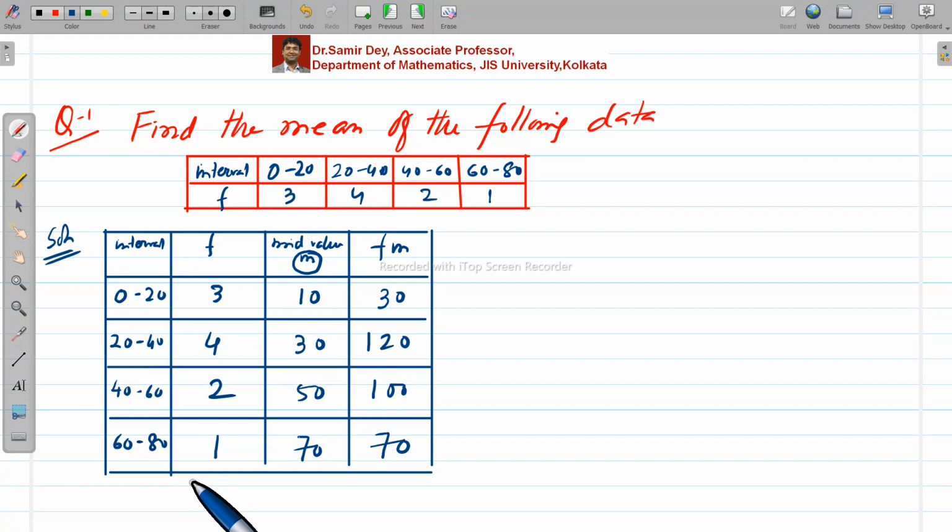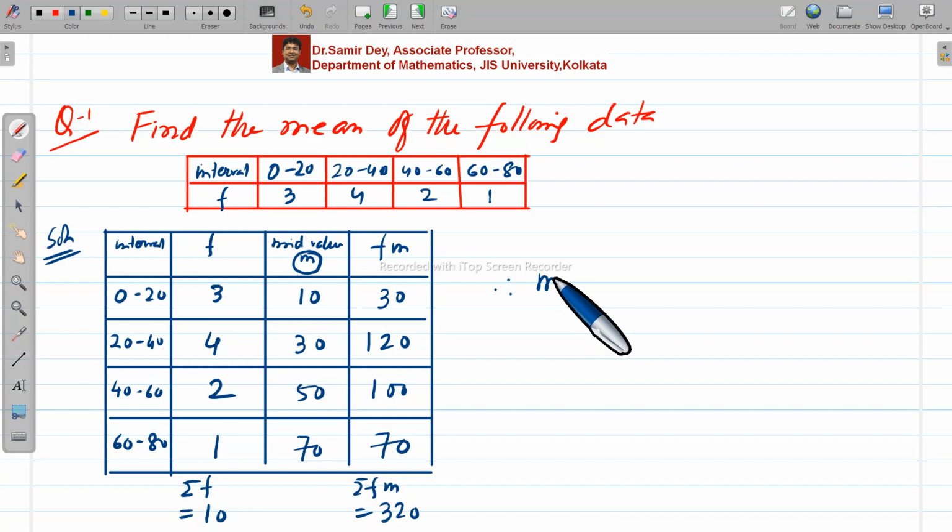Now our task is to identify the summation of f. If I add all together, 3 plus 4 plus 2 plus 1, it is coming 10. And summation fm is 30 plus 120, 150, plus 100, 250, plus 70, 320.